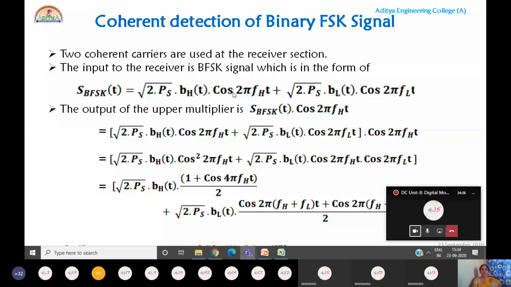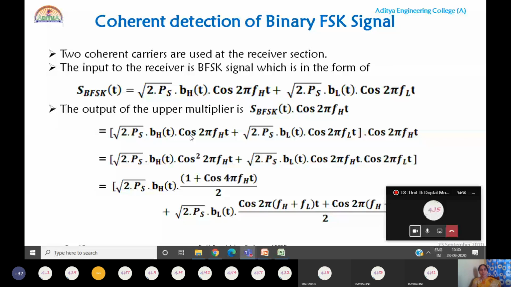Now this signal is received by the receiver section. As I already told you, the receiver consists of two correlators. The output of the upper correlator is L1 and the output of the lower correlator is L2.